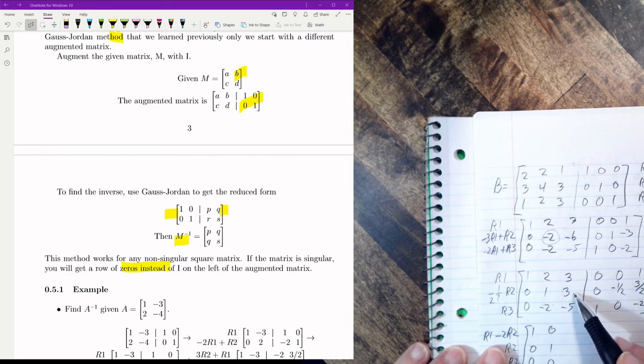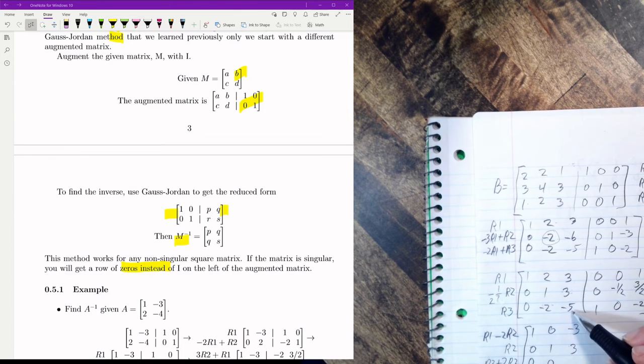Row 1 minus 2 times row 2, so this should be a minus 3. This stays the same. Minus 5 plus 6 is 1. Row 1 minus, that'll be a 0.